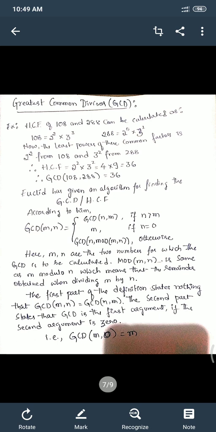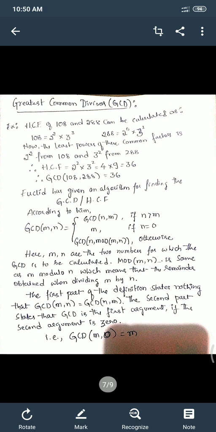So let us move towards a complex recursion example, that is greatest common divisor. It is also called highest common factor, HCF. LCM and HCF, right? That is HCF, highest common factor.